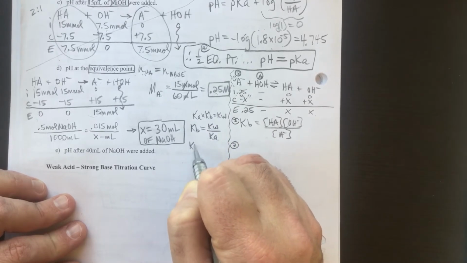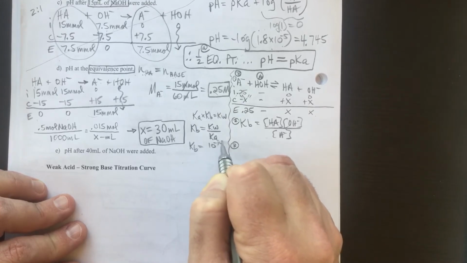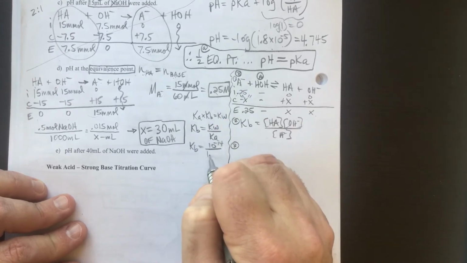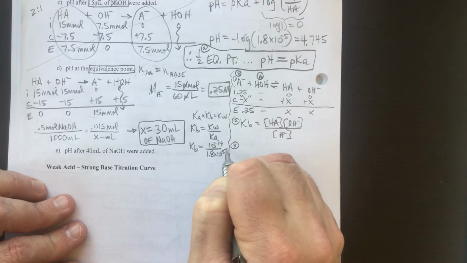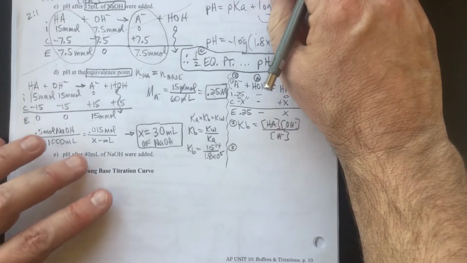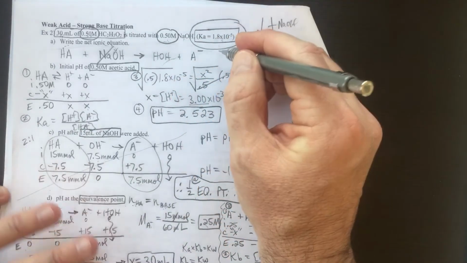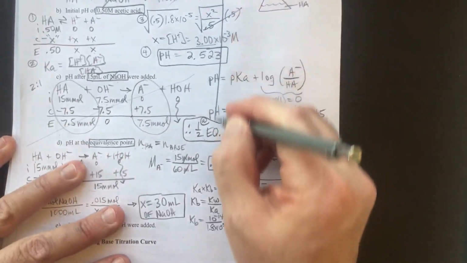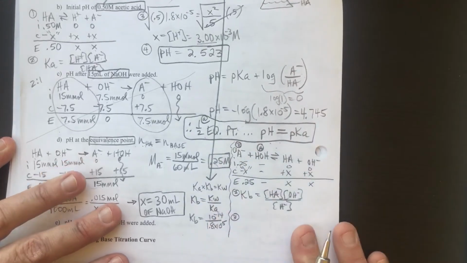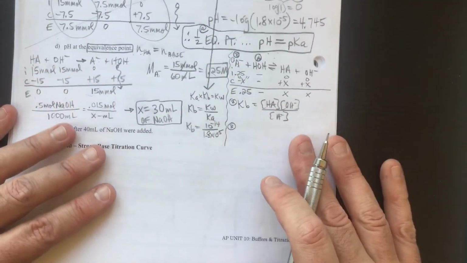So the Kb is going to be 10 to the negative 14 divided by 1.8 times 10 to the negative 5. What you might be saying, where did that come from? From right here. I just brought her on down. Now we're using it in this problem to find the Kb.